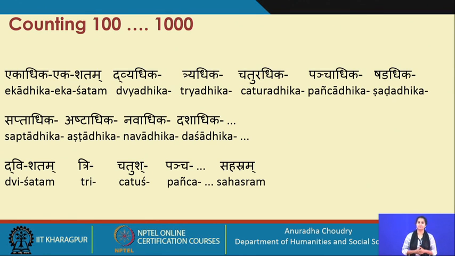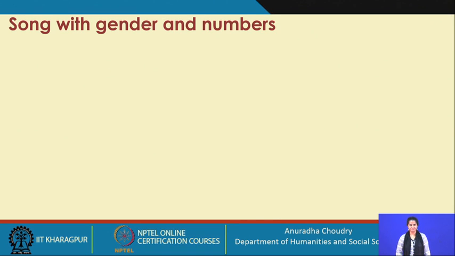So we have Dvishatam, then Trishatam, Chatushatam, Panchashatam, Shadshatam, Saptashatam, Ashtashatam, Navashatam, 1000, Sahasram. Okay, Sahasram is a big number, 1000. But now just one thing here, you can try playing games with yourself and seeing if you get the numbers right, but you do that in your own leisure time.